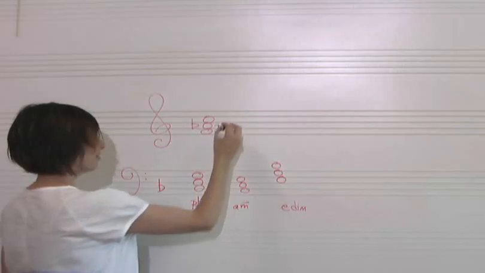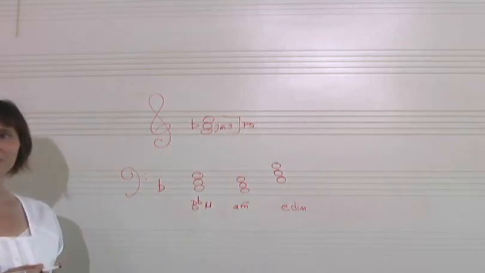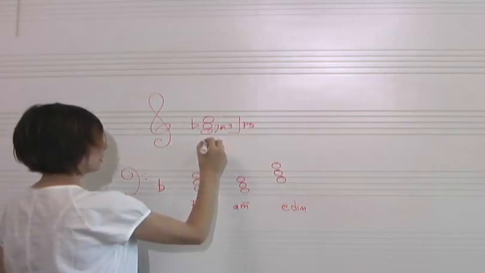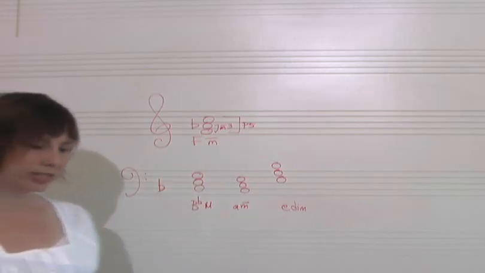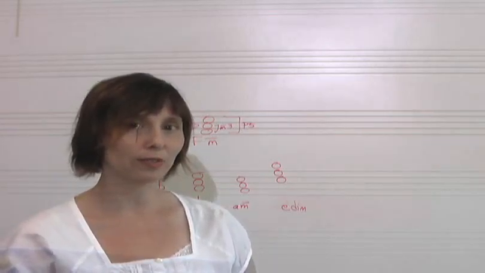Perfect. So what kind of a triad is that? Minor. This is F minor.